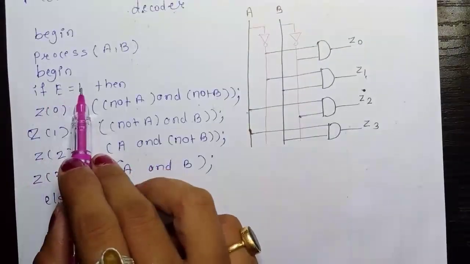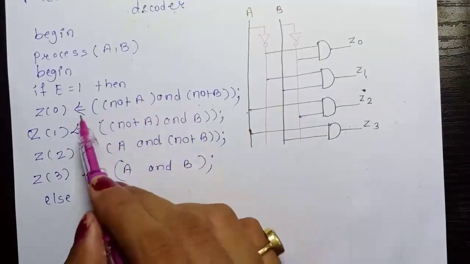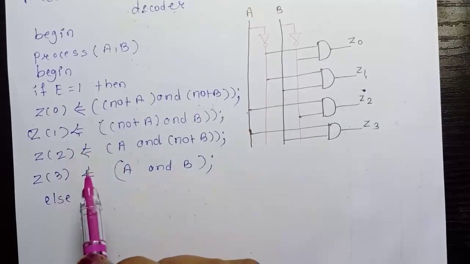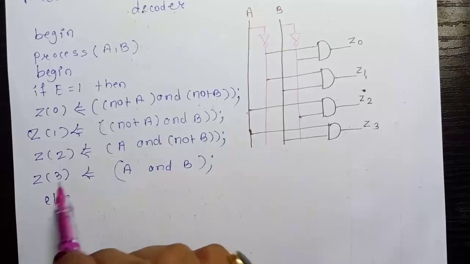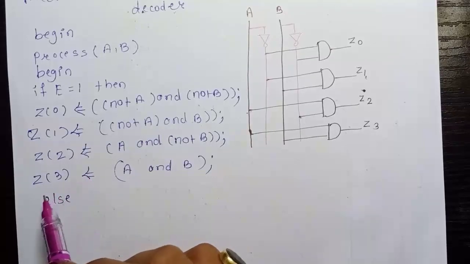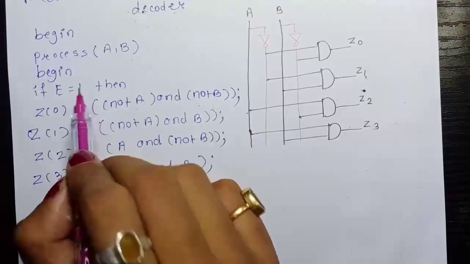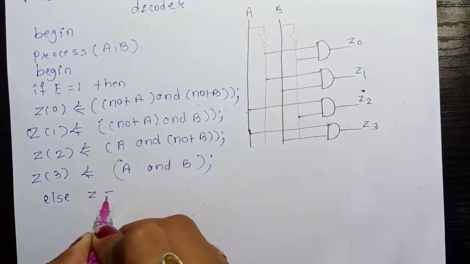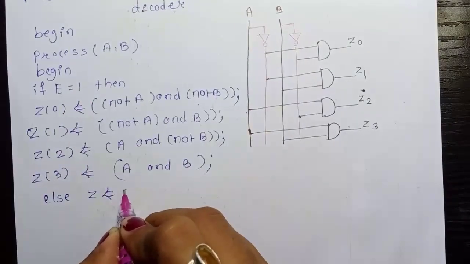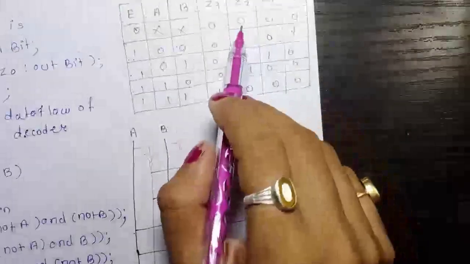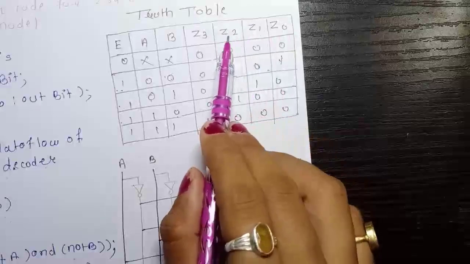Else, if E is equals to 1, that time we will get output Z0, Z1, Z2 and Z3. Okay, else in any other condition, that means when my decoder is disabled, that means when E is equals to 0, that time we will get Z as 0. Okay, there are 4 outputs, Z0, Z1, Z2 and Z3.